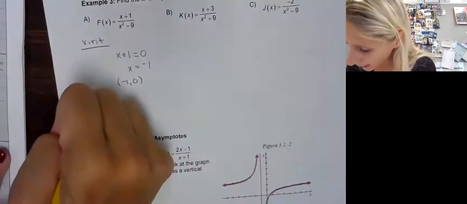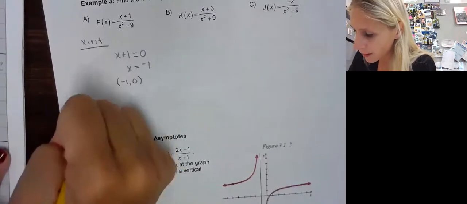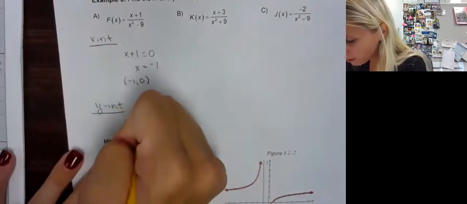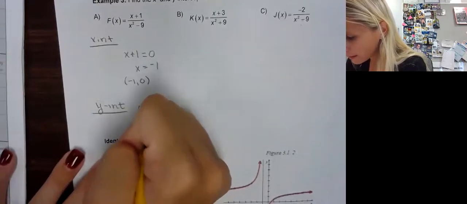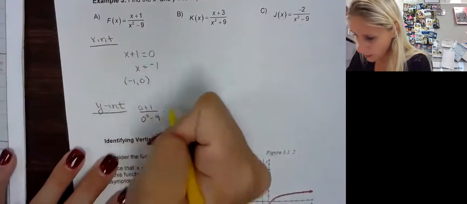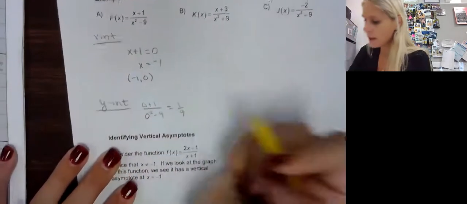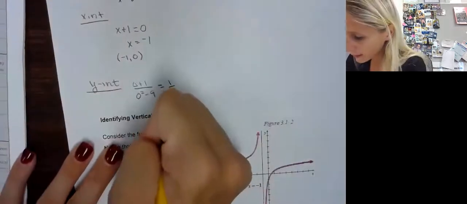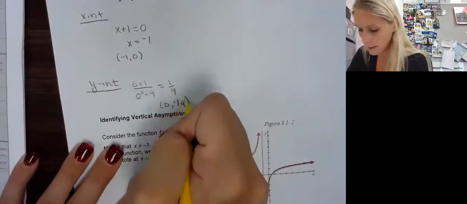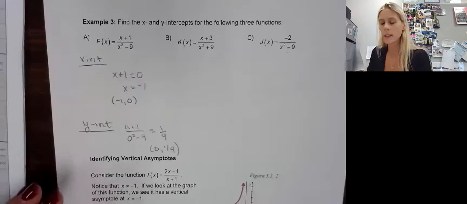The y-intercept is when we put in 0 for x. So when we get that, we get 1/9. So our y-intercept is 0, 1/9. And we're done. Let's do it on the next one here.